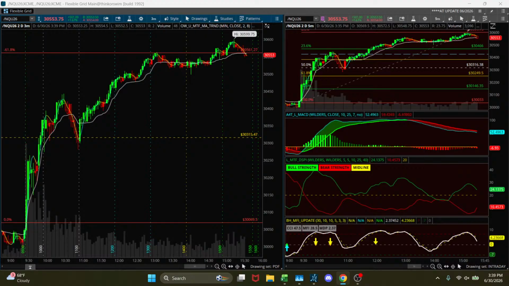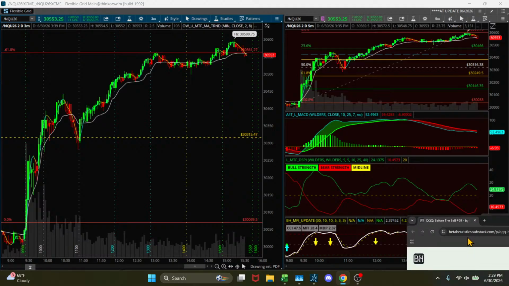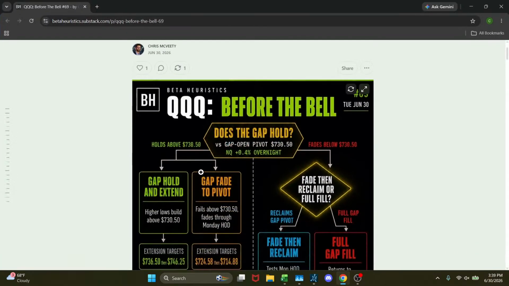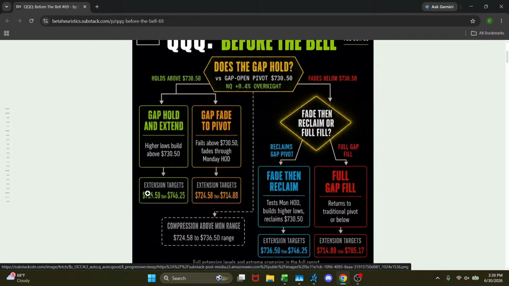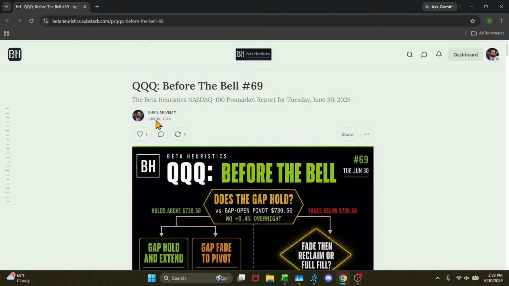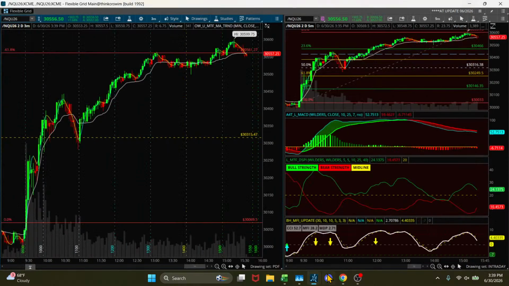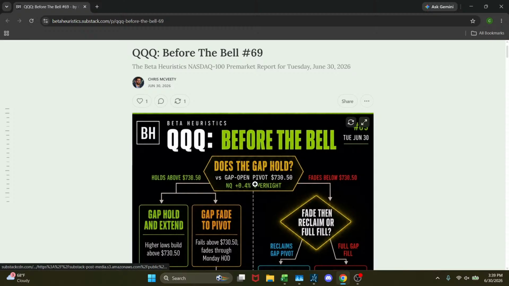So when we look at the most recent report that I issued, which is episode 69 here, I was showing that we have the first upside extension target, $736.50, if we have the gap and hold, based on how we trade relative to the pivot, $730.50. This was issued today at around 7 a.m.